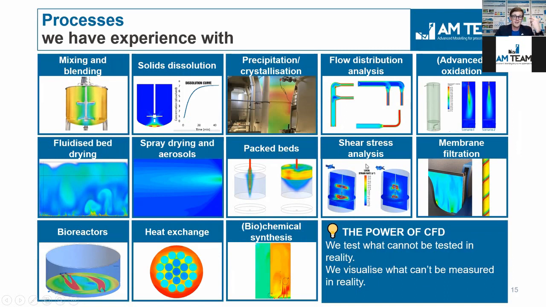We talk about shear stress analysis in certain equipment, so the shear on your product for sensitive molecules. We talk about membrane filtration setups, bioreactors, which includes the biochemical conversions and the oxygen transfer. We talk about heat exchange, and we talk about biochemical or chemical synthesis. So this is really the primary stage of the production.